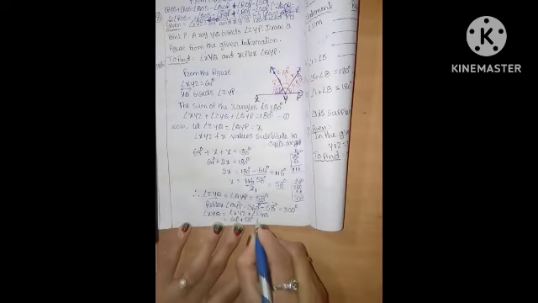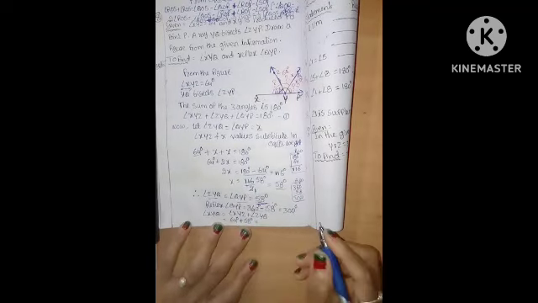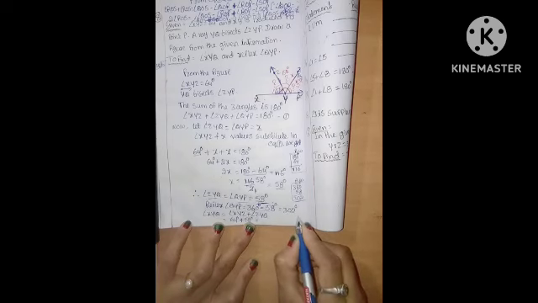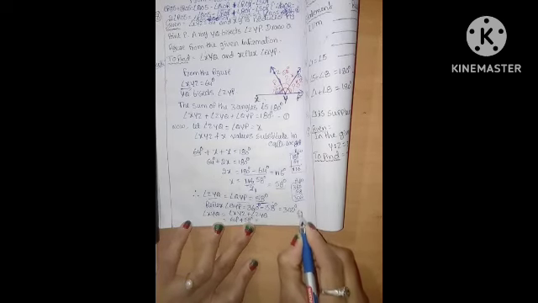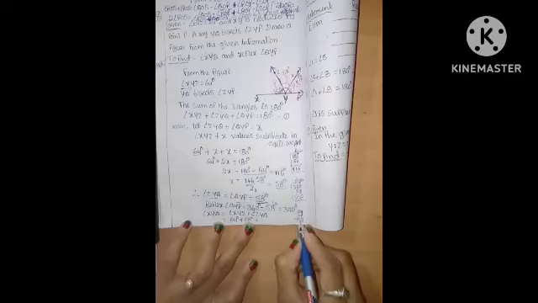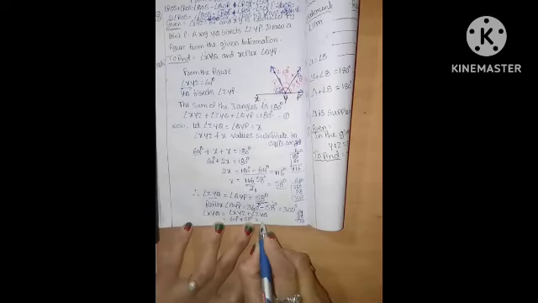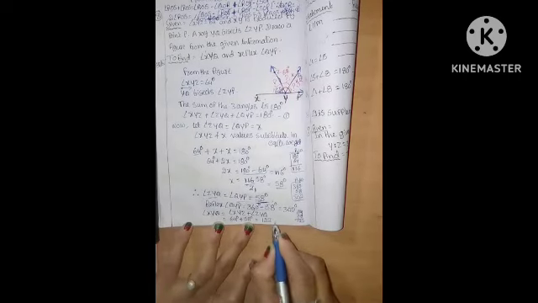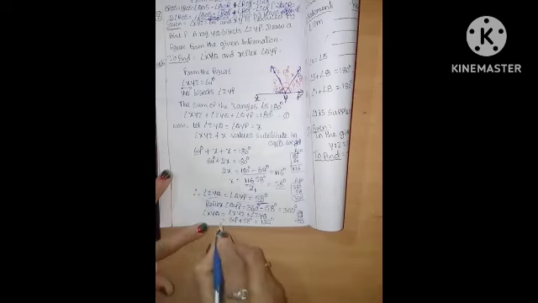The sum of these two, how much value do you get? 122. So 64 plus 58: 4 plus 8 is 12, 6 plus 6 is 12, so we get 122 degrees.